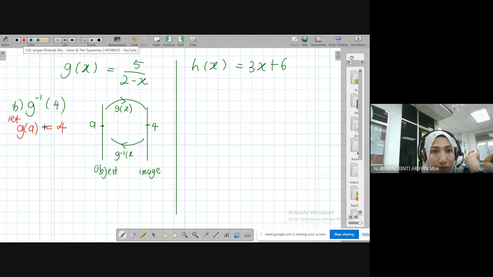That's why you have to put A. Okay, G(x) is 5 over 2 minus x. Kalau G(A), you just substitute A in the x. Become 5 over 2 minus A equal to 4. So 5 over negative 2 equal to 4.